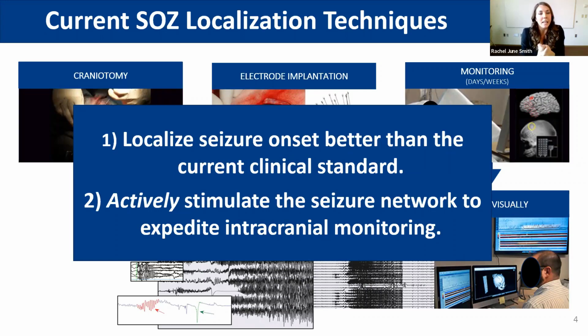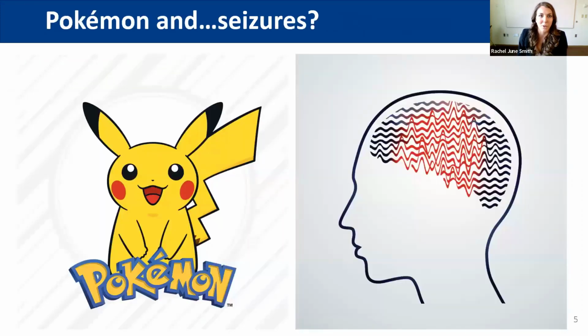And secondly, instead of having the patient wait for 3 weeks for a seizure, what if we could stimulate the brain and actively probe the seizure network to expedite this process, where a patient can come in, we can probe this network for a couple days, and then they could go to surgery right after that instead of having to wait so long? Can we expedite this whole intracranial monitoring process? So those are two goals that I have tried to tackle with my current project.